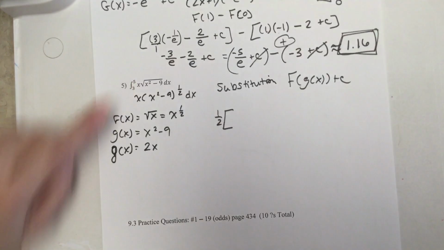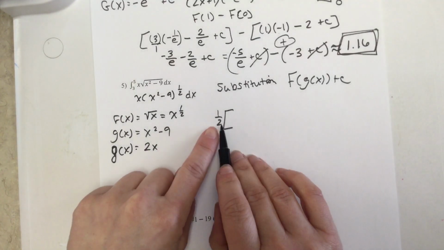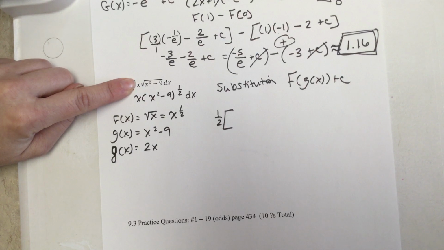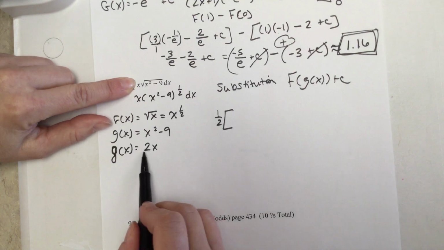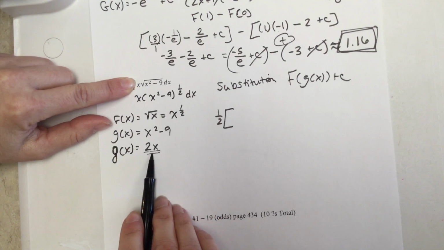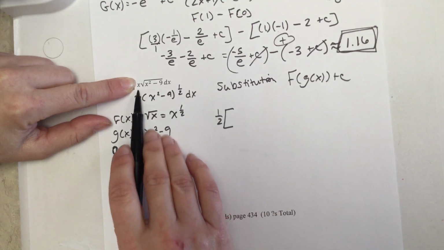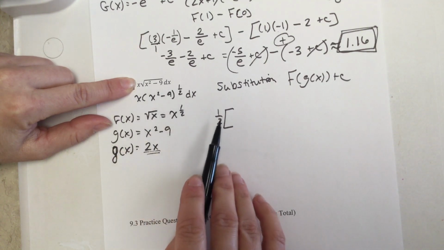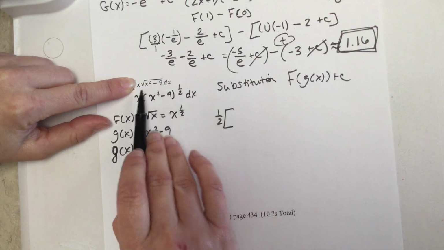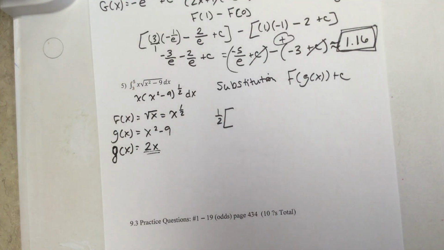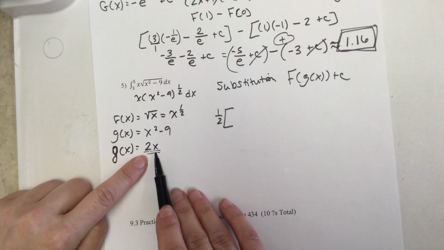Well, there had to have been a 1/2 out front because 2x times 1/2 is how you would just get to the single x. So remember, this is technically what's there. I'm only seeing an x, so I had to have multiplied my 2x by 1/2 to get there. That's kind of the only trick with substitution, is to make sure that you are matching that derivative of g of x.